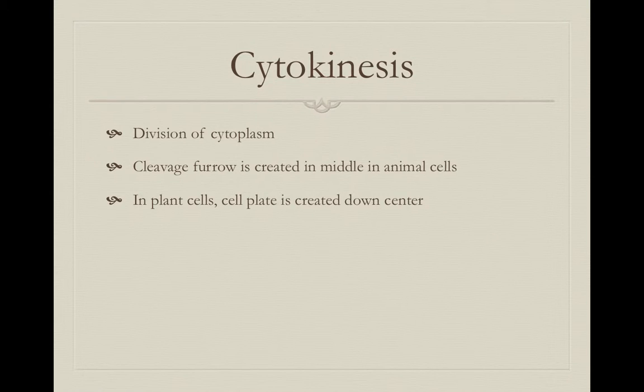In plant cells, that is actually called a cell plate, and it's created down in the center. Plant cells are more rigid than animal cells, so they don't make a cleavage furrow. They don't squeeze in, but it's just a straight plate. And the daughter cells don't separate in plant cells, actually.